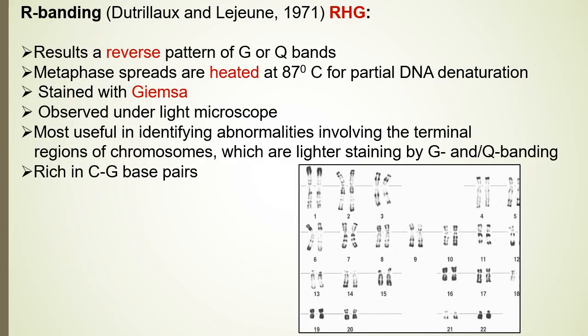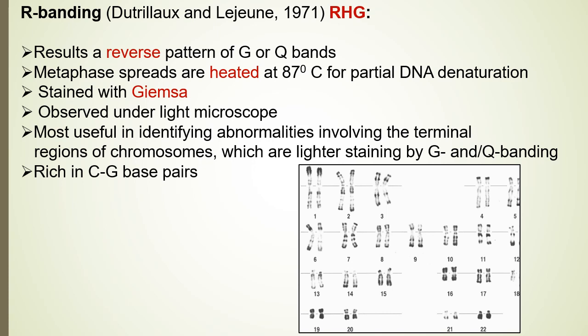Another popular technique is R banding, which is also known as RHG banding. This banding technique results in a reverse pattern of G or Q bands, meaning whatever regions are stained in G or Q banding pattern, the remaining regions are stained in this technique. Here, the metaphase spreads are heated at 87 degrees Celsius for partial DNA denaturation, followed by staining with Giemsa.